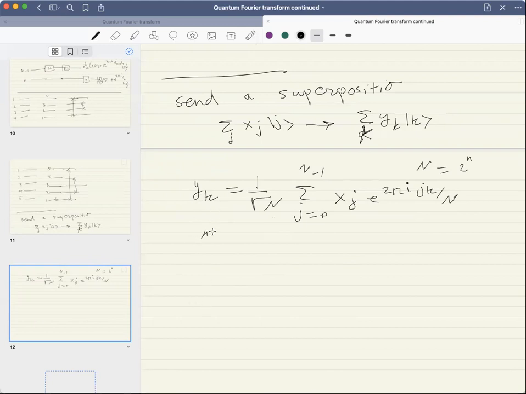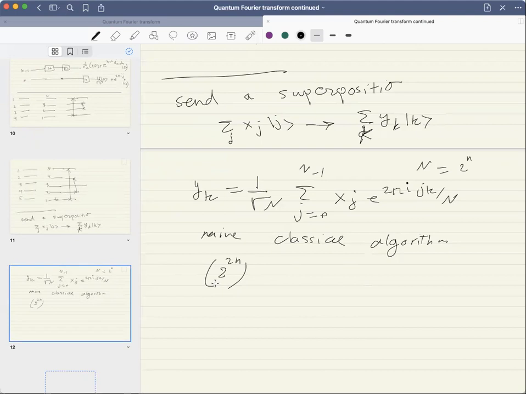So a naive classical algorithm would have 2 to the 2n operations. It's exponentially large in the number of bits in little n. So that seems slow.